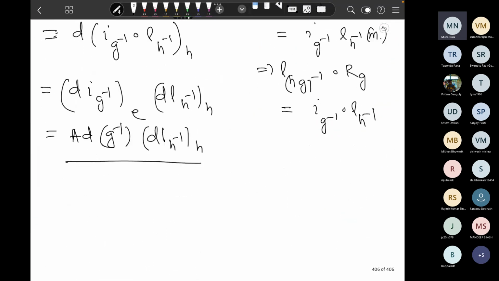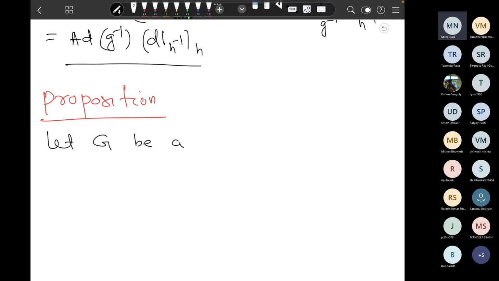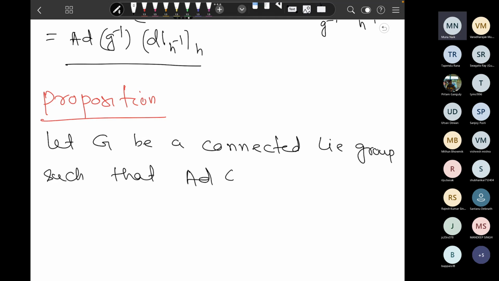Now, one proposition. Let G be a connected Lie group such that Ad_G or G is compact.